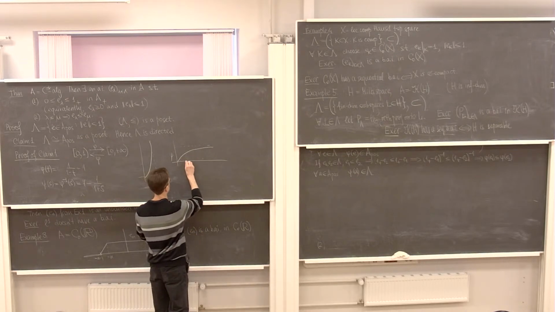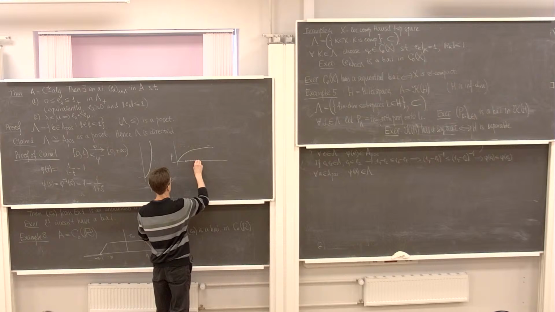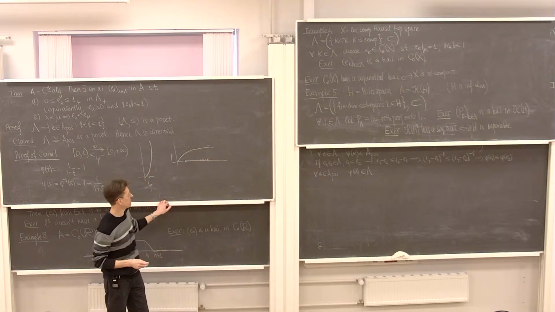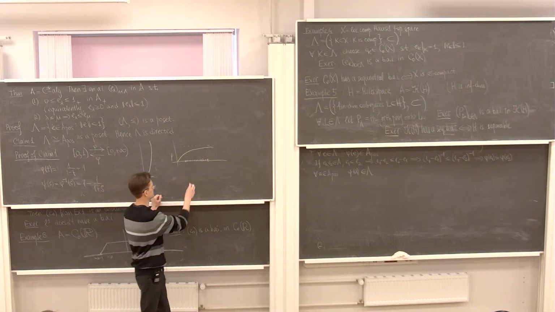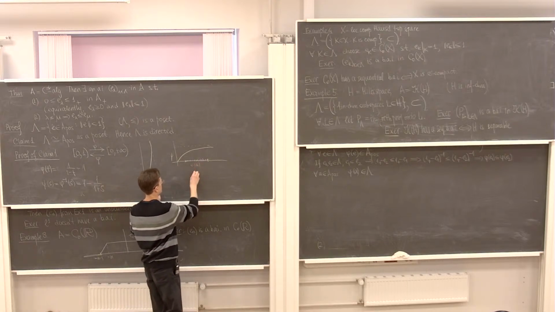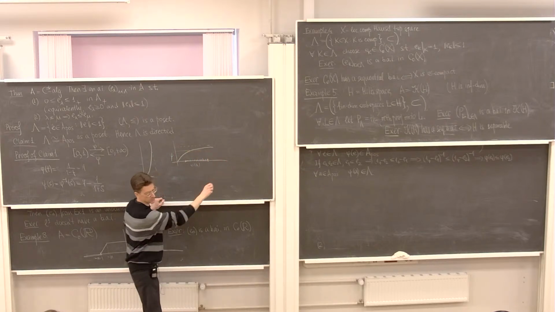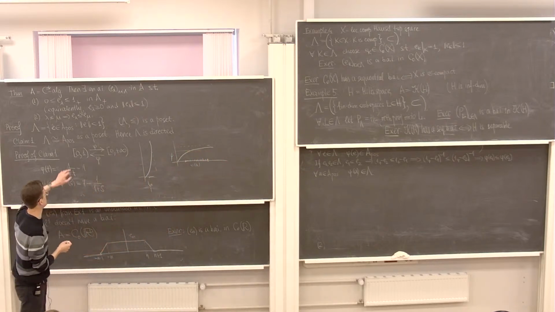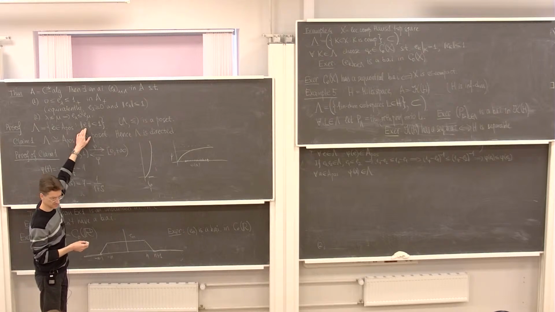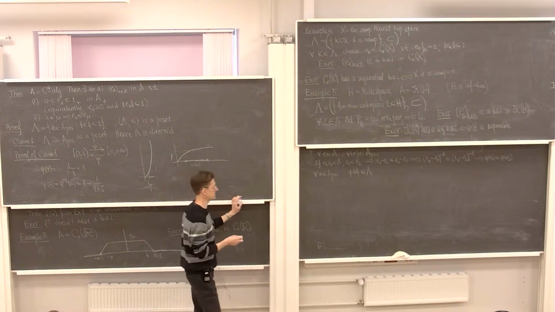Well, the norm of psi of A is just the supremum of psi over the spectrum. But clearly the supremum of psi over the spectrum is strictly less than 1. So the norm of psi of A is strictly less than 1, and so psi of A belongs to lambda.